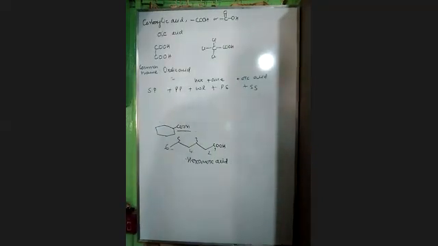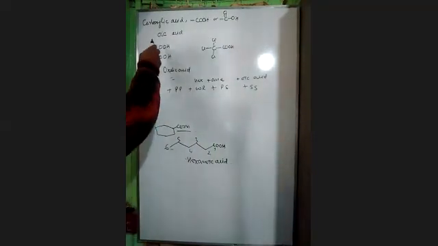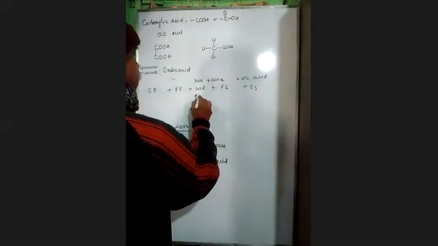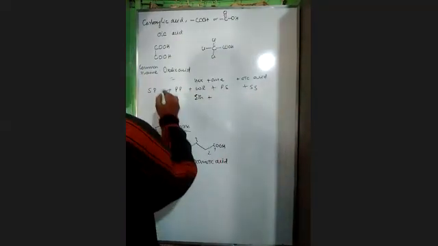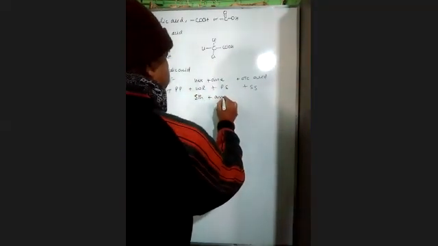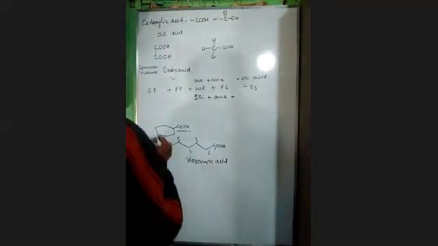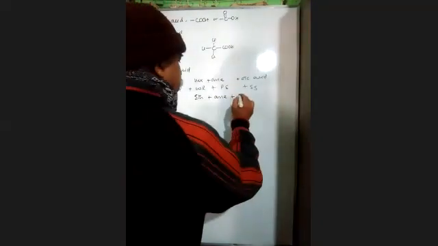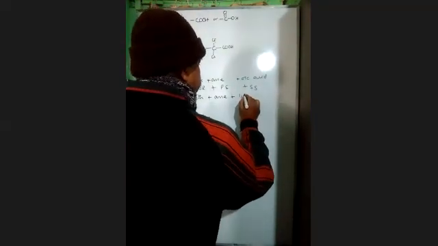So in the first molecule, we have two carbons. So it is ETH. No carbon-carbon double or triple bond, so ANE. How many carboxyl groups are there? Two. On which carbons? First and second.